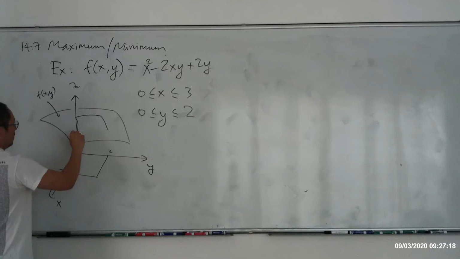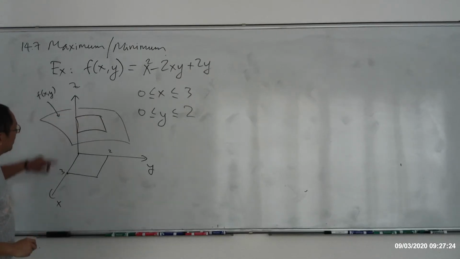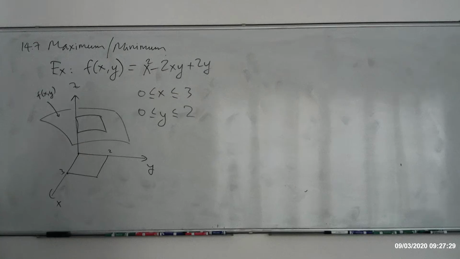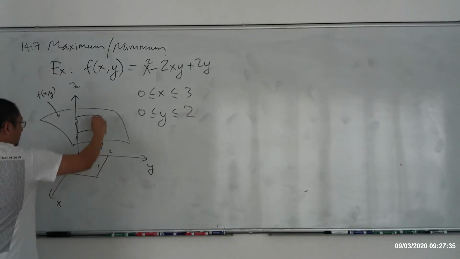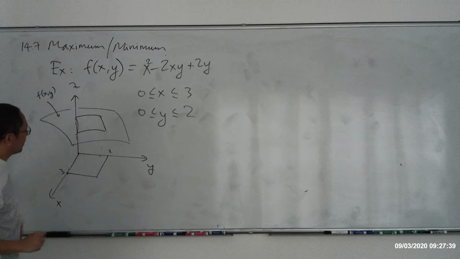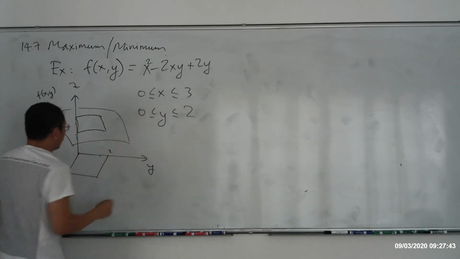It's a portion of the entire function right above this rectangular region. It's more complicated to project it down. And by the way, the equal sign is included in the inequality.